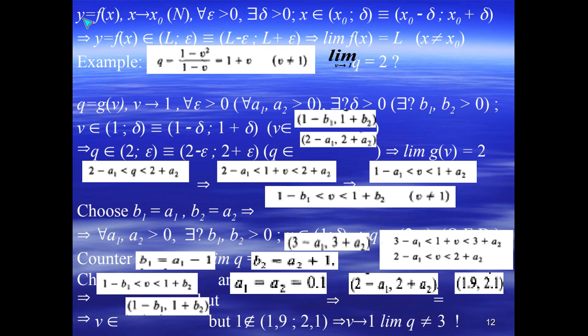When the primitive function is y equals f(x), when x goes to x0, or n, whatever you wish, for any epsilon greater than 0, there is a delta greater than 0 such that when x belongs to the open interval (x0 minus delta, x0 plus delta), the function values y equal f(x) belong to the open ball (L minus epsilon, L plus epsilon).